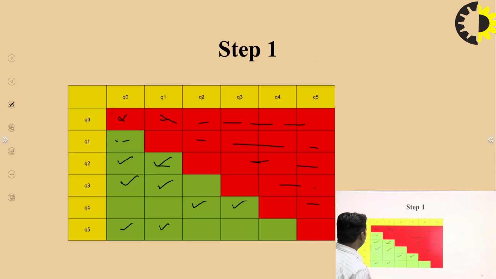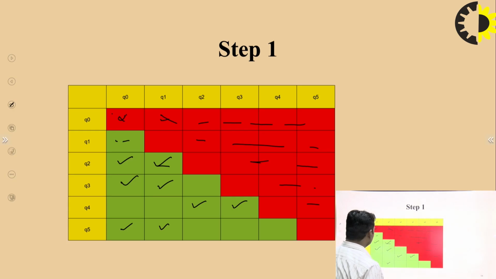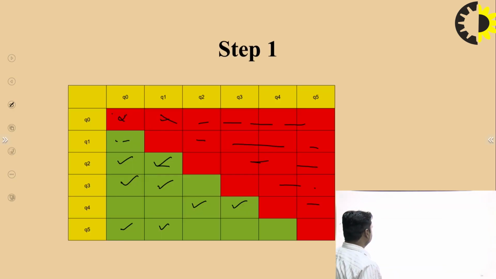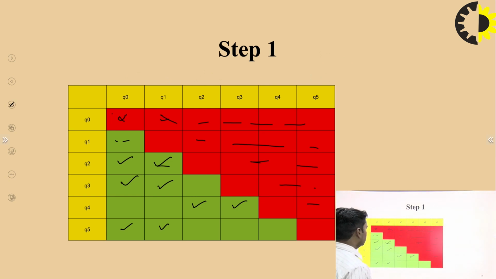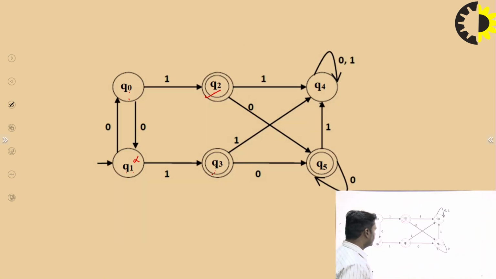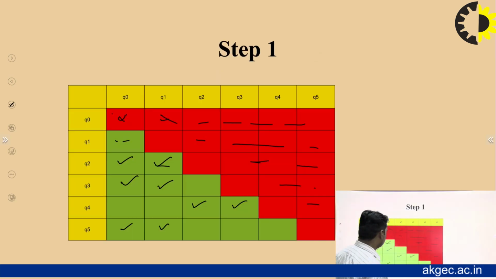Q5, Q2. Both are final states, so we will not mark it. Q5, Q3. Both states are final states, so we leave it. Q5, Q4. One state is final and one state is non-final, so we mark it.